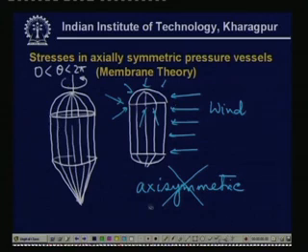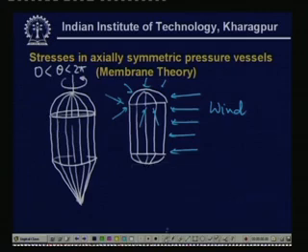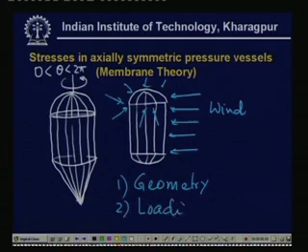So, there are two things which are important. One is that the geometry is axisymmetric, it has to look the same from whatever angle you look at, and second is loading. So, if both of them are axisymmetric, then we may call it the axisymmetric pressure vessels, axisymmetric systems.